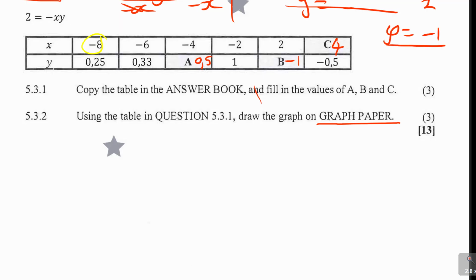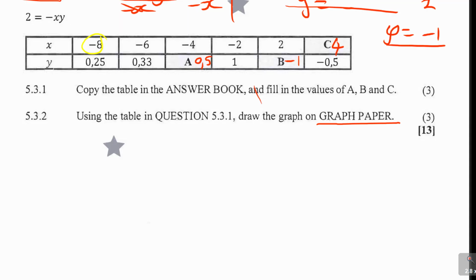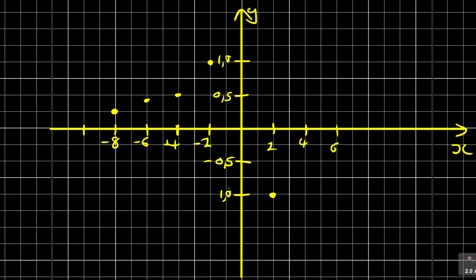2 and -1, and it's here, and -0.5 and 4. So as I said, for you to plot this, then you're going to have a solid line like this.